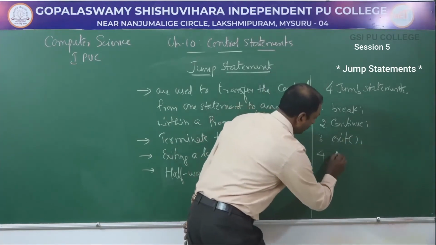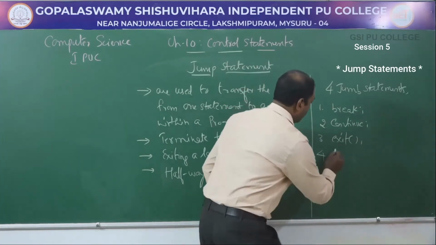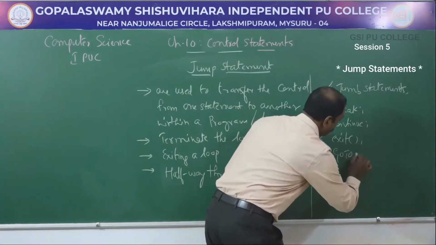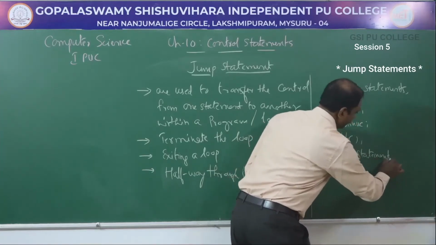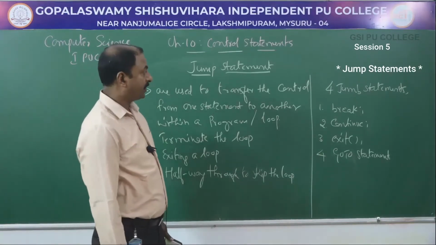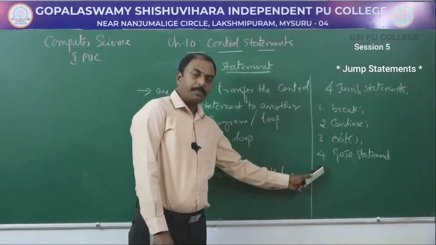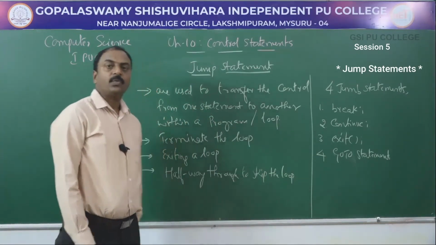And fourth one is goto statement. So, according to your syllabus, we are going to discuss these 4 jump statements with examples. Now, let us see these examples one by one.